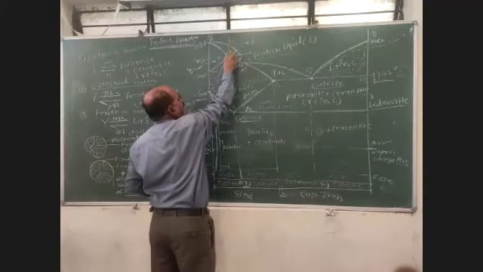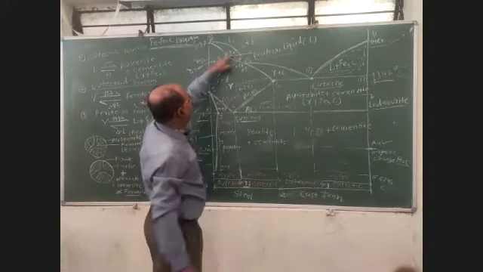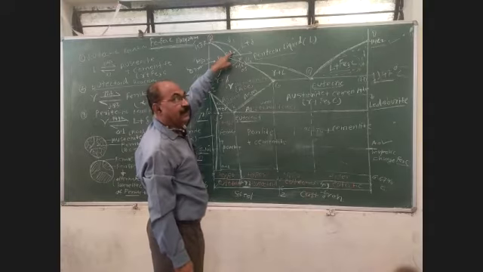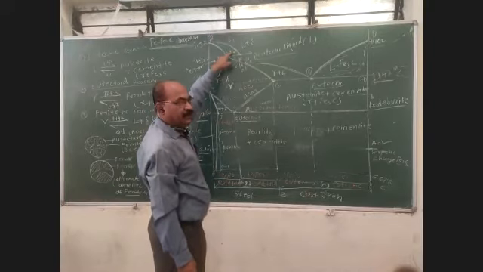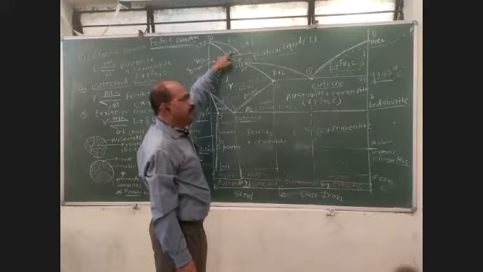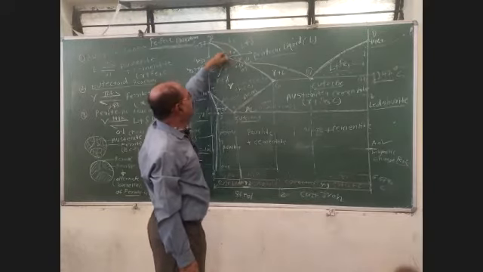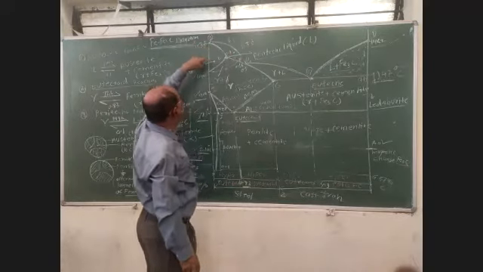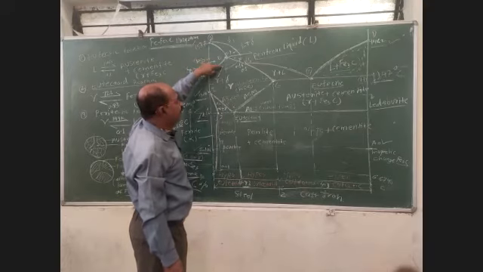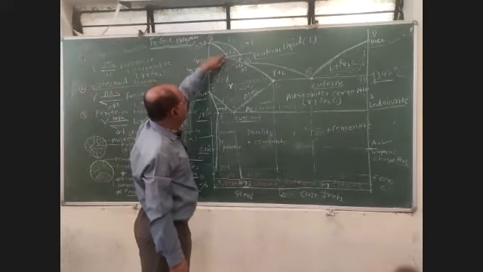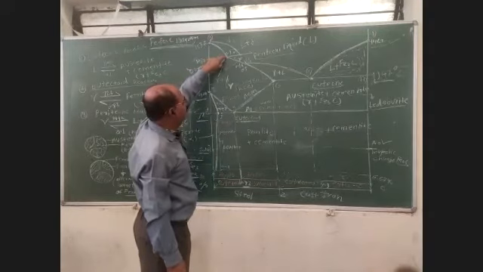If you come down to this temperature, here you will get liquid plus delta iron. You might have seen delta in the allotropic forms of iron diagram. Here you will get delta iron, here you will get gamma plus delta. At this point, this is the peritectic reaction.